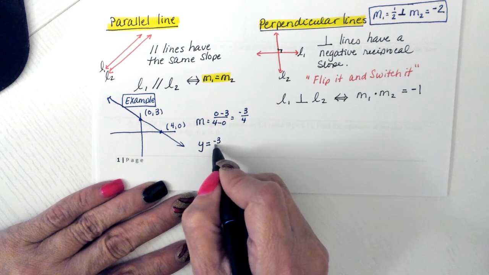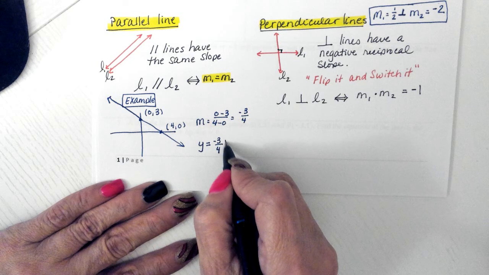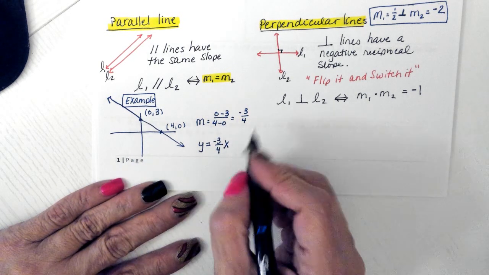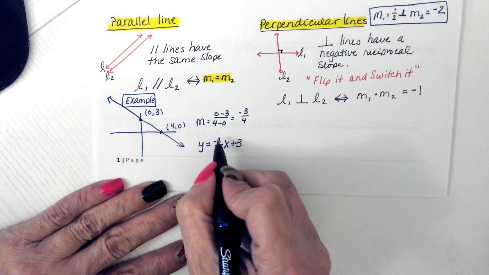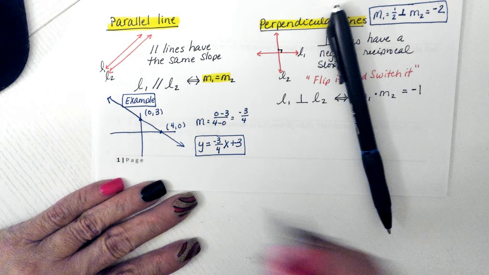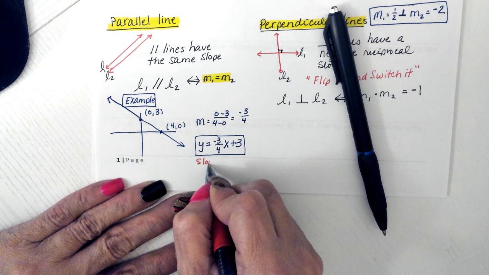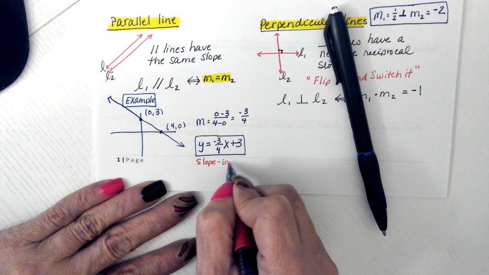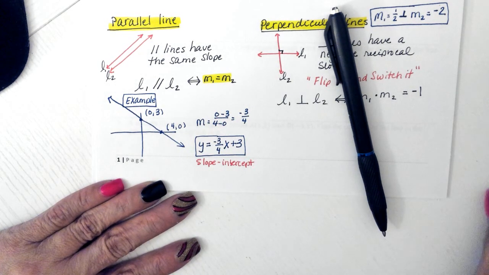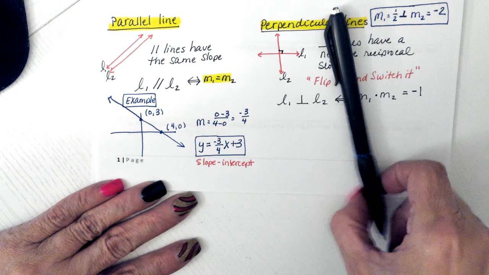M is negative 3 over 4, x, and then I need to see what the y-intercept is. It's right here, it's 3. All right, so this is slope-intercept. So let's write that here: slope-intercept, or gradient-intercept, whichever one they want to call it. It doesn't matter to me.